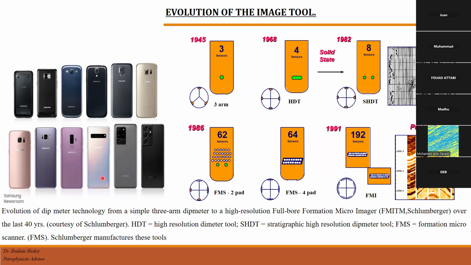So in the first picture we can see the development of cameras of cell phones. At the beginning, we have a cell phone with one camera.